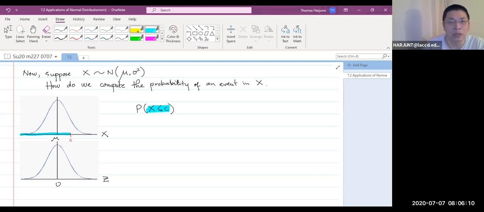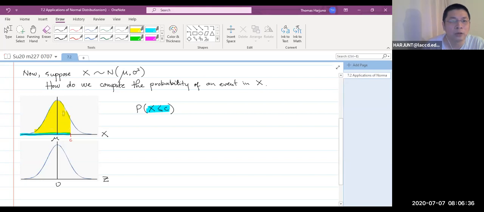That's the same as finding the area under the curve. The concept we had before is the same: the probability of an event equals the area under the density curve of that random variable.